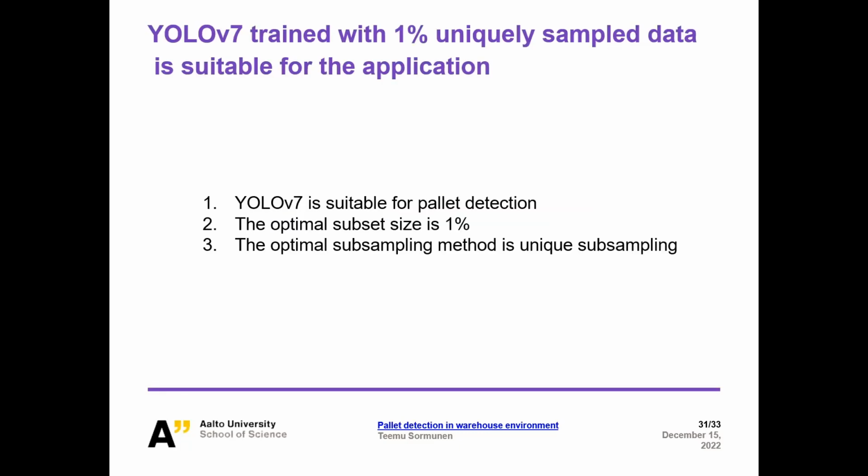To answer all of the research questions, YOLO version 7 trained with 1% uniquely sampled data is suitable for the application. This basically concludes that YOLO is suitable for pallet detection, the optimal subset size is 1%, and the optimal subsampling method is unique subsampling.